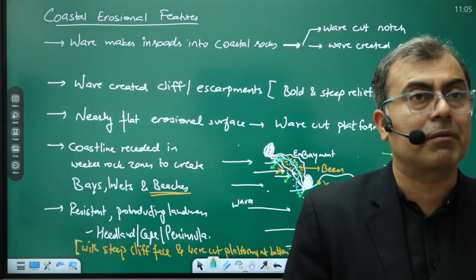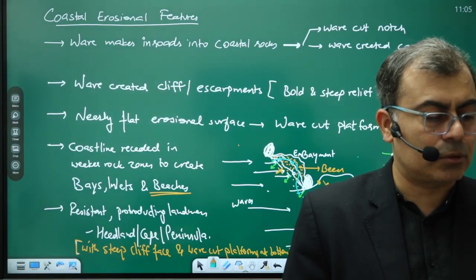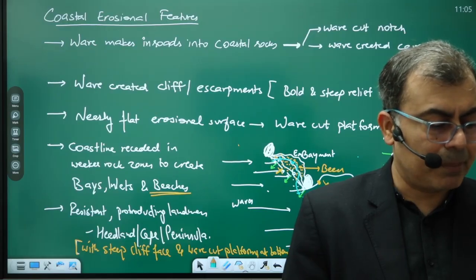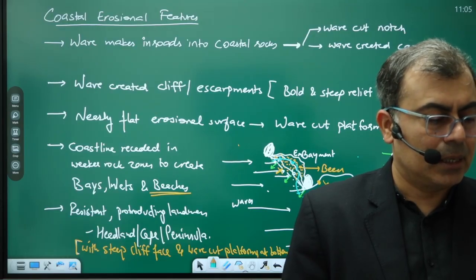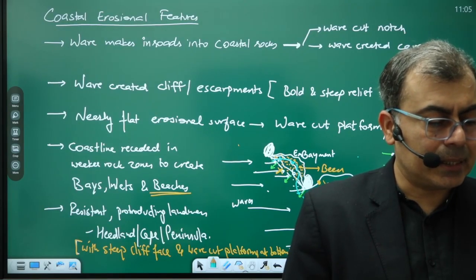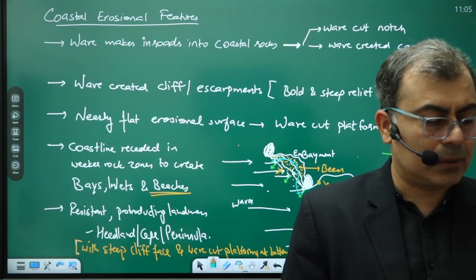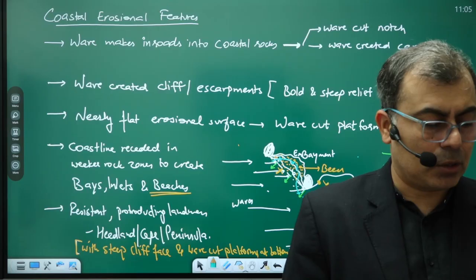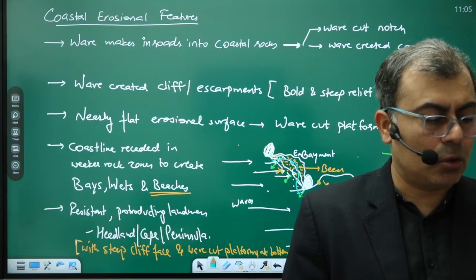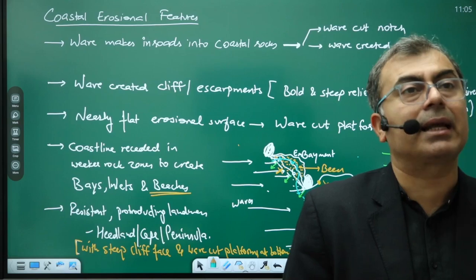Is everyone okay with the embayment process also? So we have looked at how these bays are being created. And then I said that there is a flow of water that is nearly parallel to the coast, and that is called longshore drift. I'm talking to you about the coastal processes and landforms.